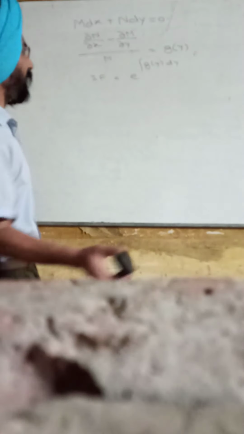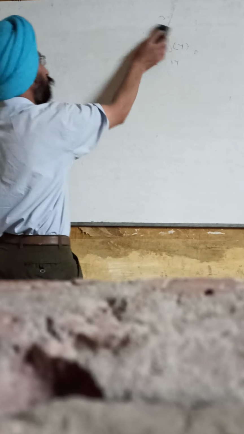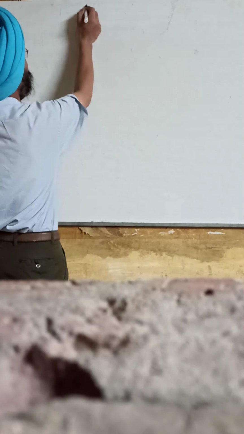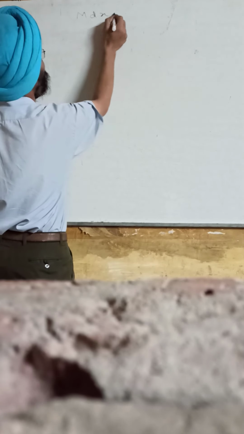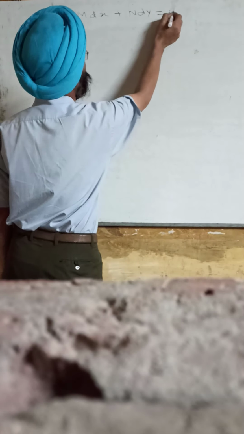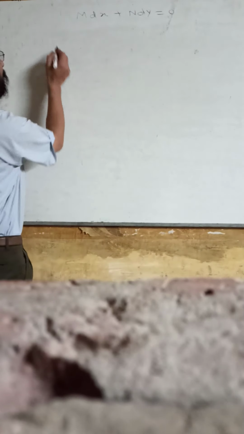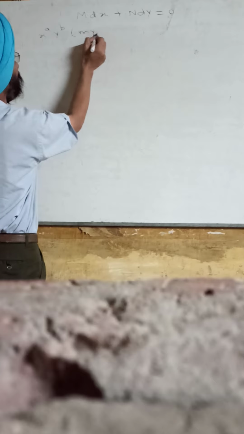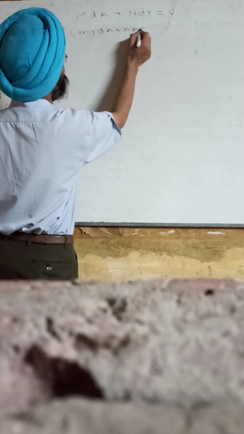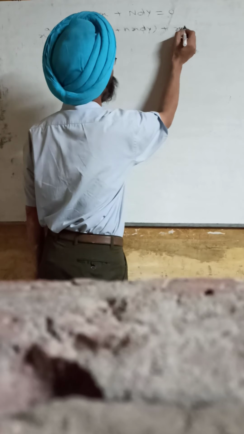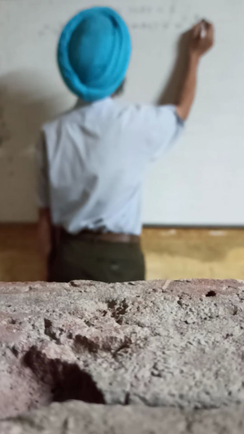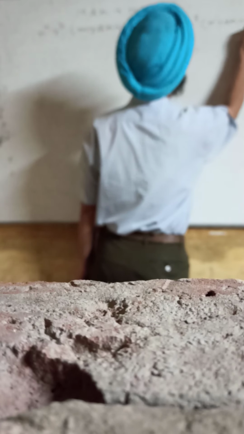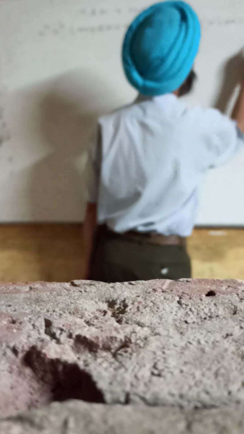So we move on to the final method of these 5 rules. This is if your equation M dx plus N dy equals 0 is of the type x raised to the power a, y raised to the power b, (my dx plus nx dy) plus x raised to the power p, y raised to the power q, (m'y dx plus n'x dy) equals 0.